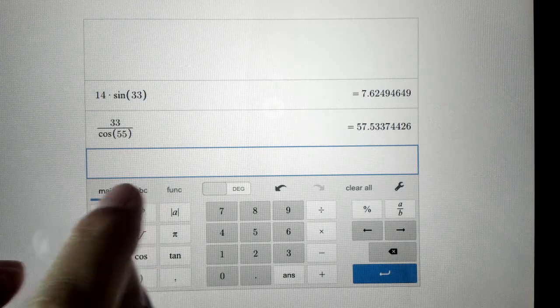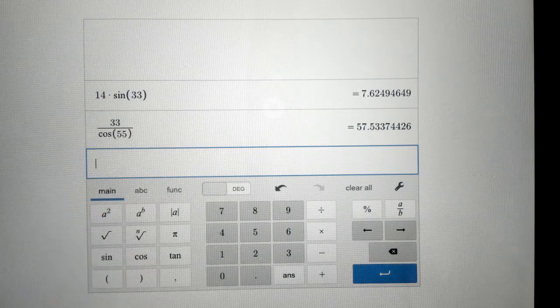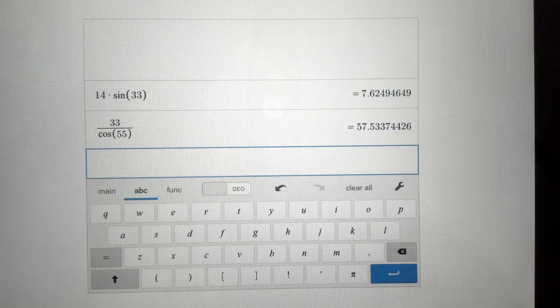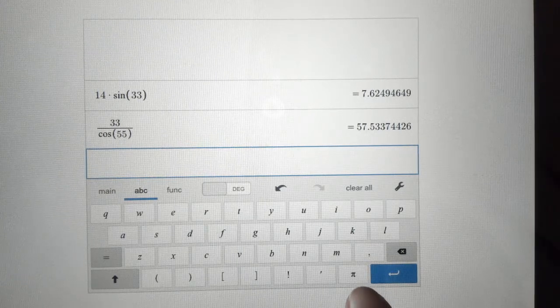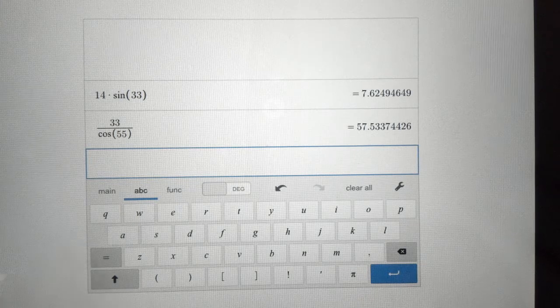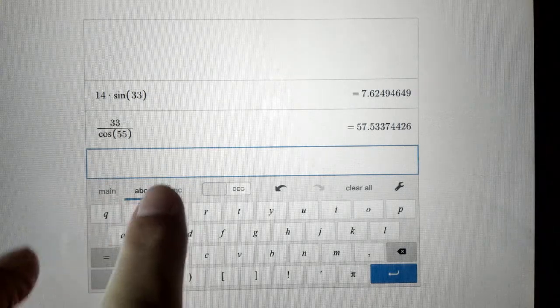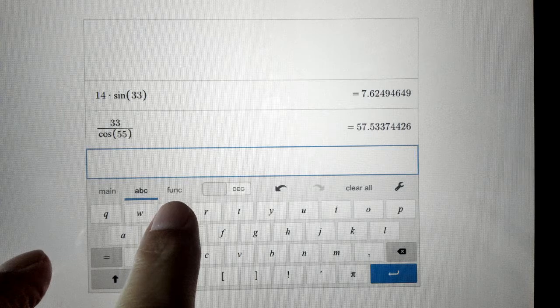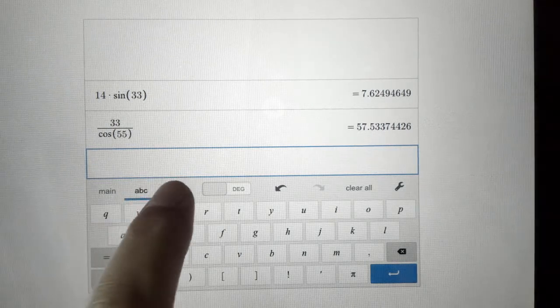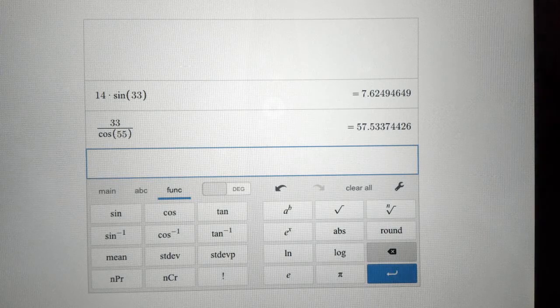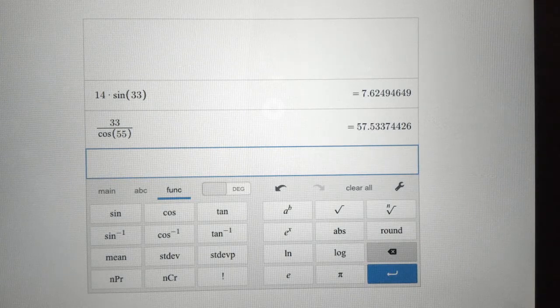There's also an ABC option. If I click on it, it's going to give me an actual keyboard if I needed to type in anything, including a pi symbol down here that might come in handy later. But there's also this third option. It looks like the abbreviation of the word function. Trig ratios are functions. If I click on that, ta-da, I get all this extra stuff that wasn't there before.